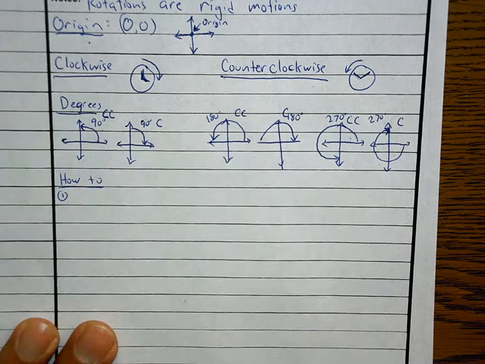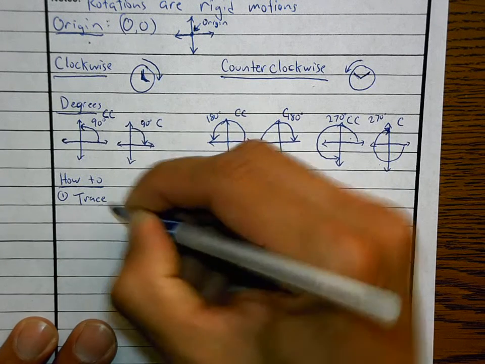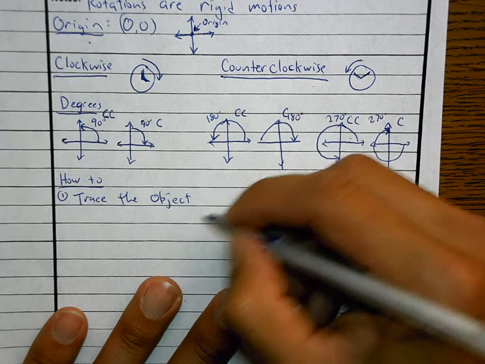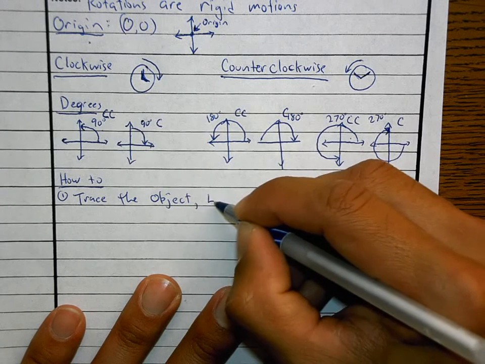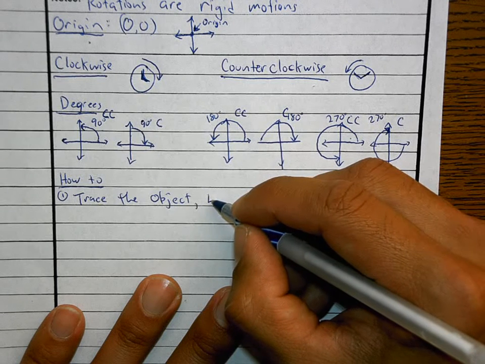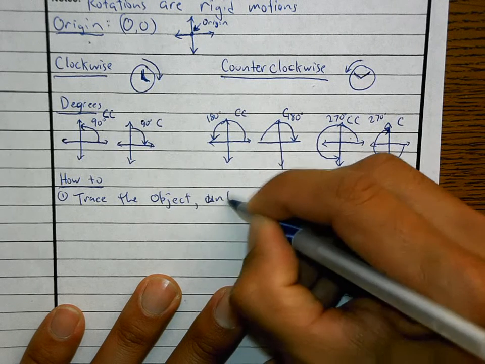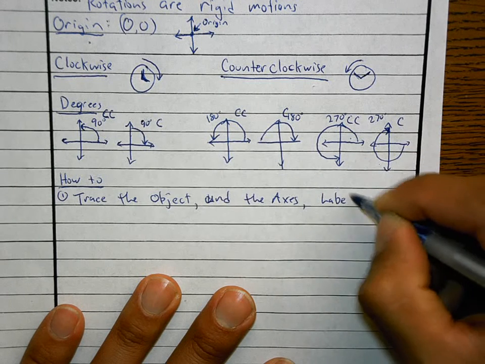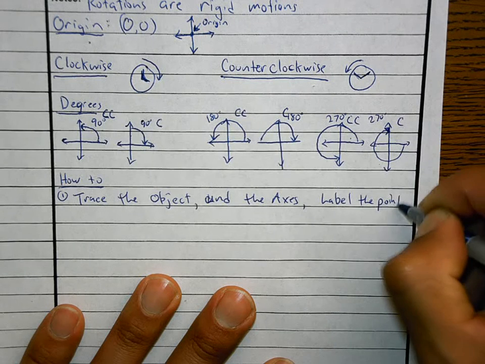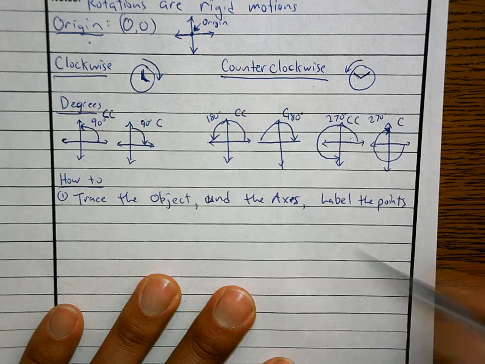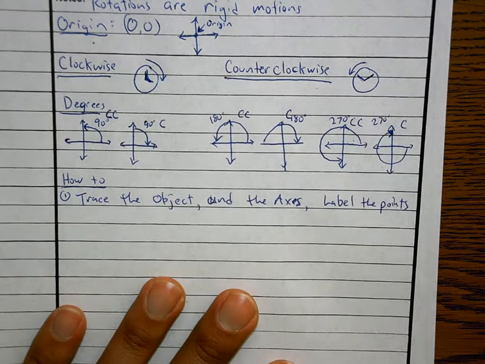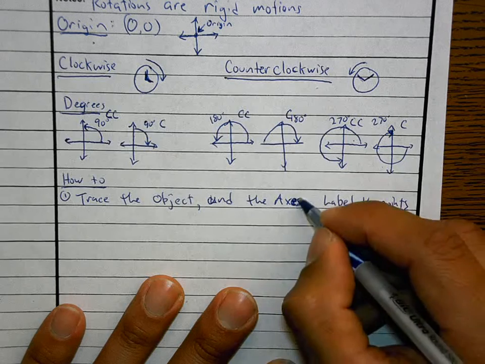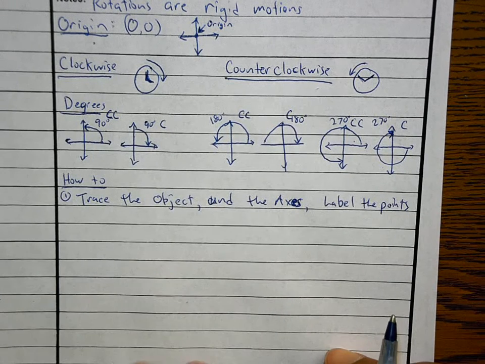Number one, trace the object and the axes, A-X-E-S, and label the points.